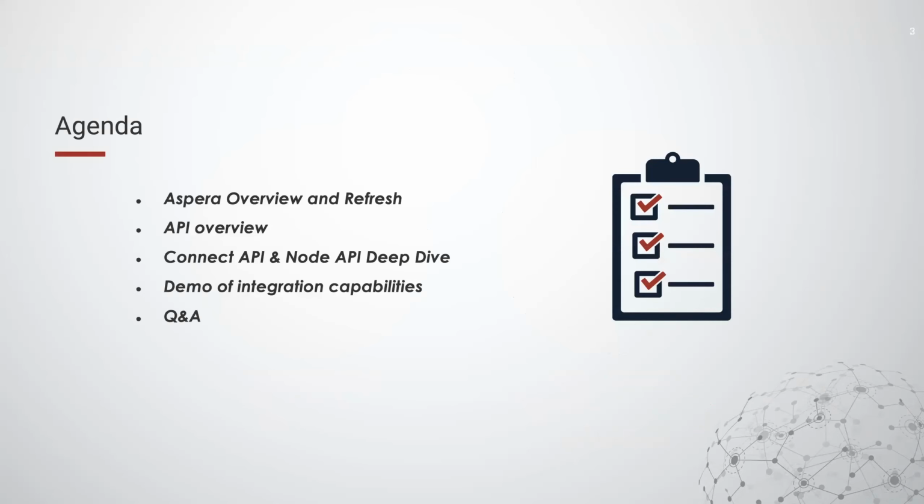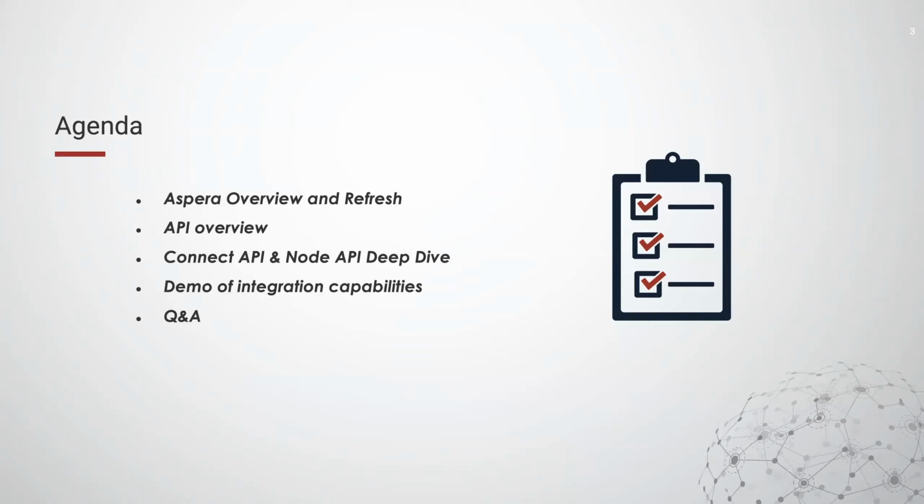So just a quick overview of today's agenda. I'm going to take a few minutes at the beginning to give a quick overview of the Aspera technology in general, maybe a refresh or an intro for those of you that aren't very familiar with it, or maybe it's been a while since you visited Aspera. After that, we'll look specifically into some of the APIs.